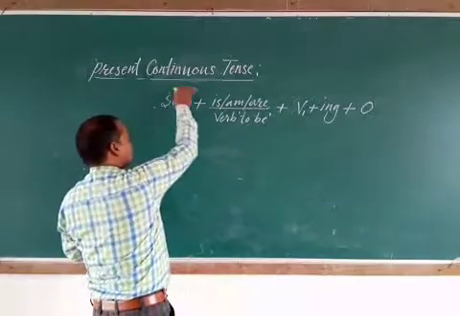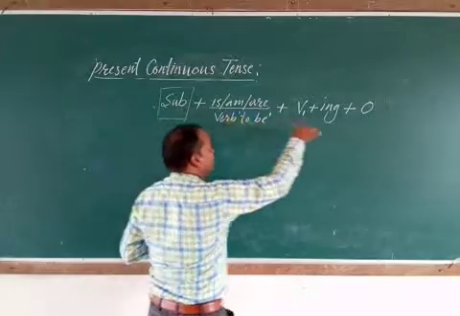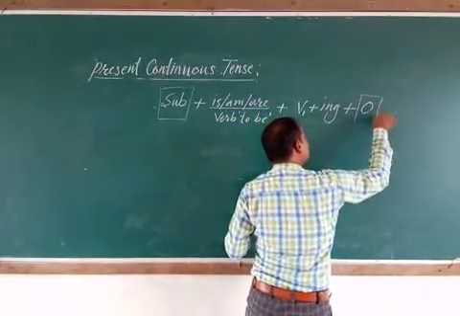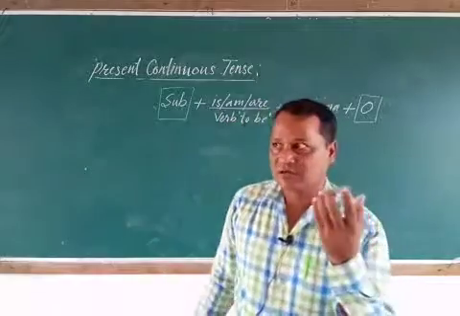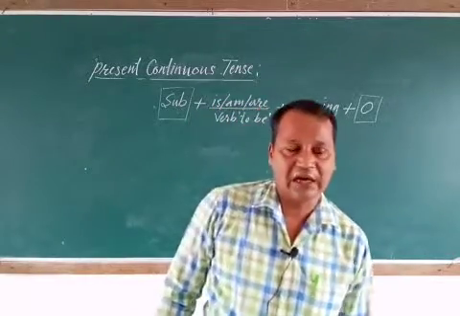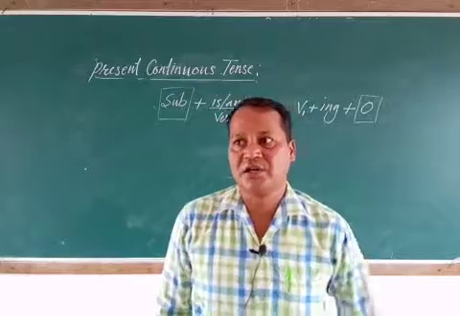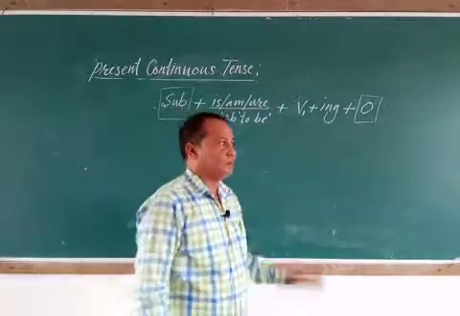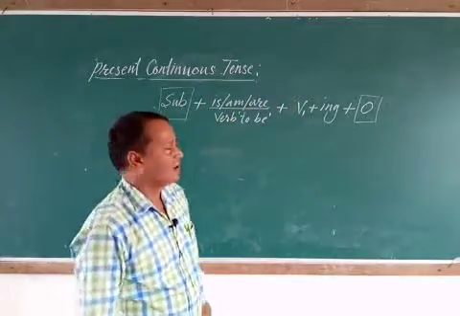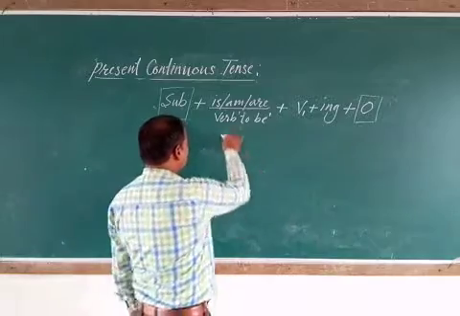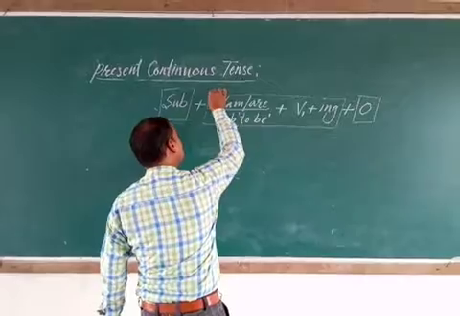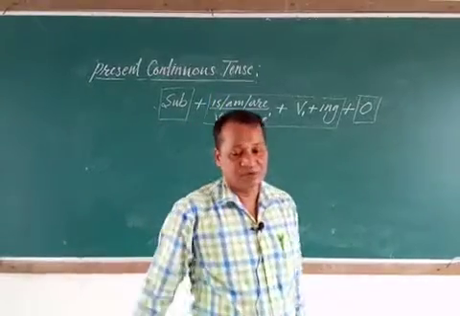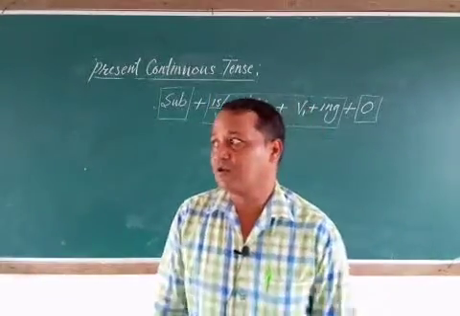See, the subject and object always remain the same in every sentence. The position of the subject and other words or object remains the same in every sentence. What changes is the verb part. In present simple tense we have studied that we use the first form of the verb.